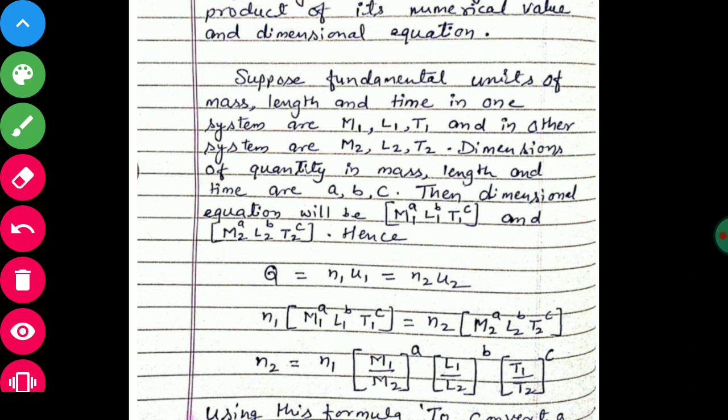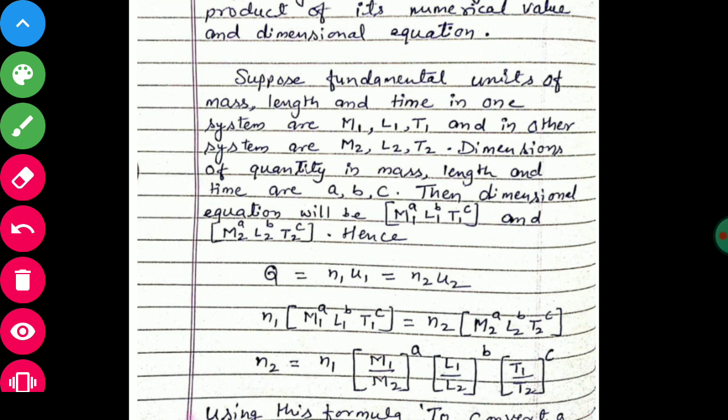Here M1 is the unit of mass in the first system, L1 is the unit of length in the first system, and T1 is the unit of time in the first system. In a similar way, the unit of mass in the second system is M2, the unit of length in the second system is L2, and the unit of time in the second system is T2.